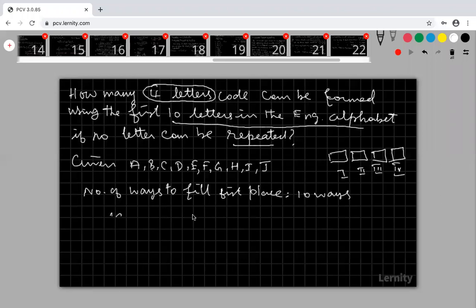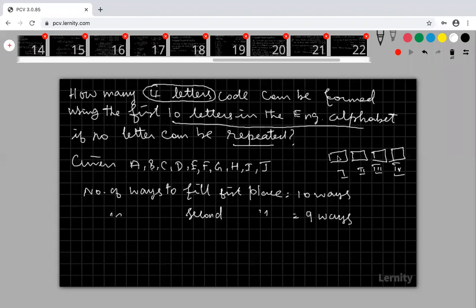So number of ways to fill the second place. Totally 10, but here one letter is already filled. So therefore remaining 9 letters, I can take this in only 9 ways. Why?